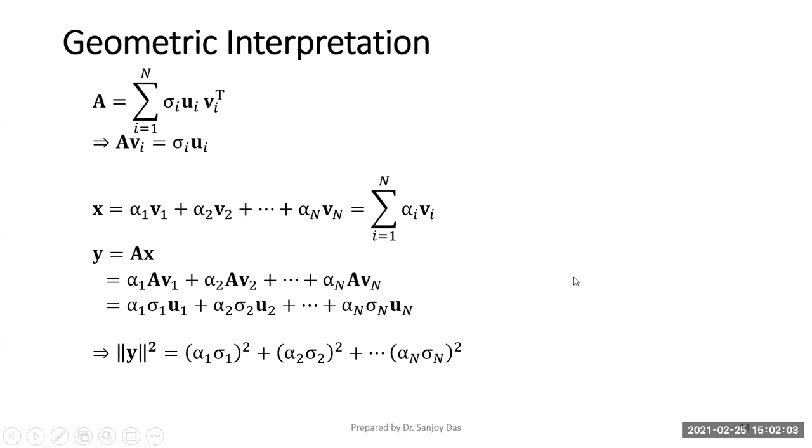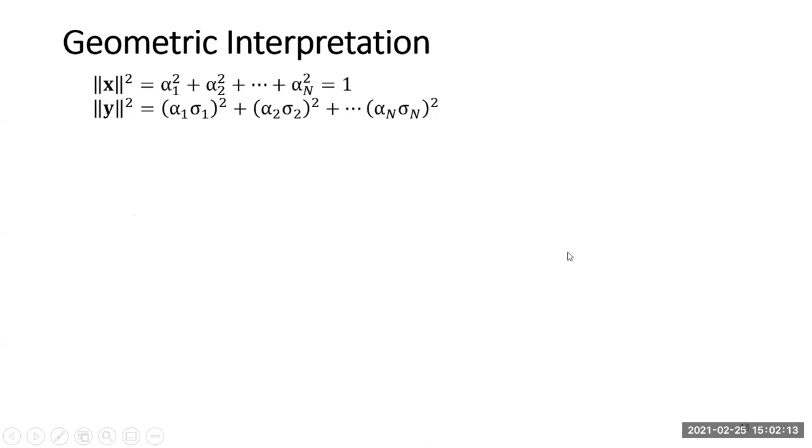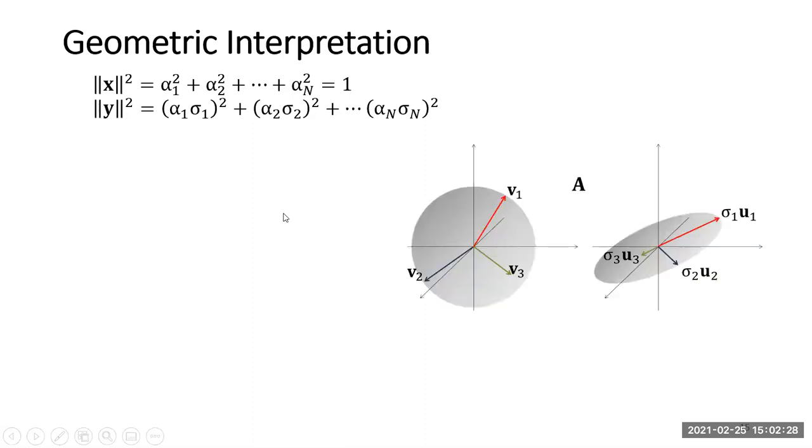What I meant to say was sigma 1, sigma 2, and sigma n, these are all positive numbers, non-negative. Alphas can be plus or minus. So this is my x, L2 norm of x squared, or the length of x squared. It's 1. And this is the length of y squared.